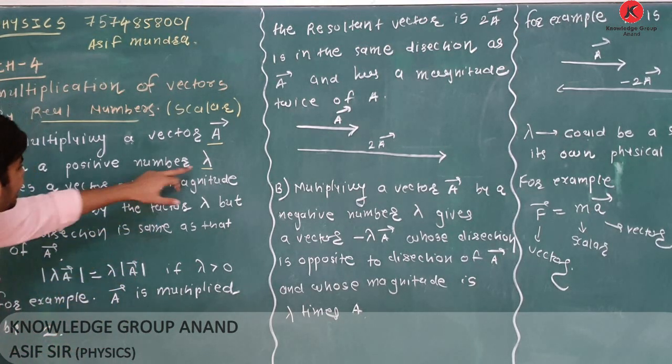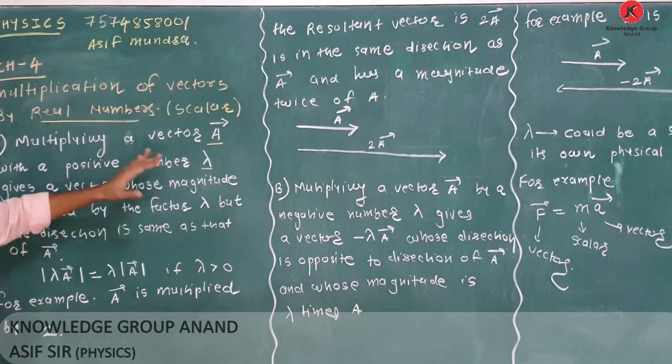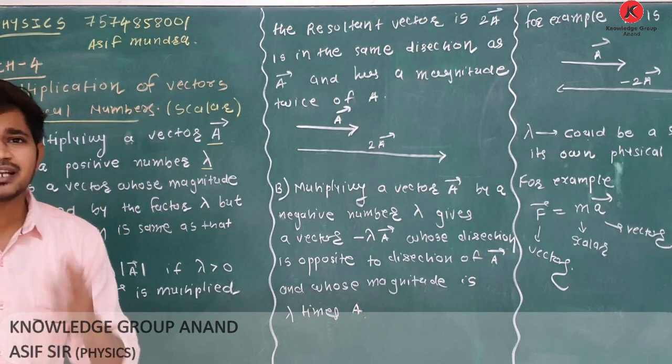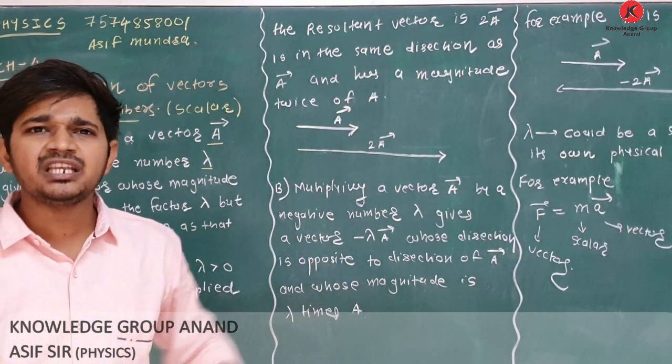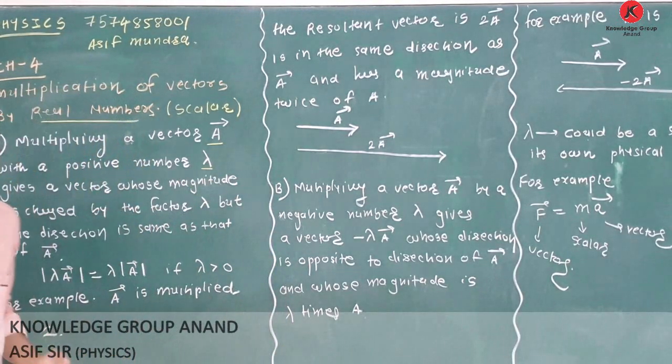Clear? See, lambda is one symbol, lambda is one number that we have to assume. It may be 2, 3, 4, 5, 6, 7, 8, etc. Any number, 1.5, 2.3, any number. So it is first case. Multiplying a vector A with a positive number lambda gives a vector whose magnitude is changed by the factor lambda, but direction is the same.